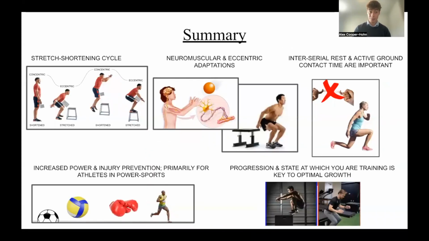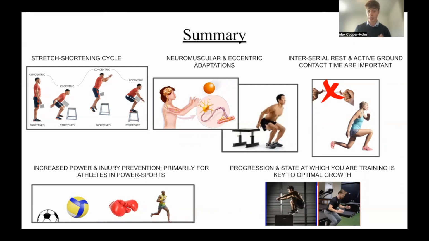But in summary, plyometrics move through a stretch shortening cycle. You get neuromuscular and eccentric adaptations, which improve sport performance, by giving you the edge and reducing injuries. There's interset rest time and active ground contact time as being incredibly important.